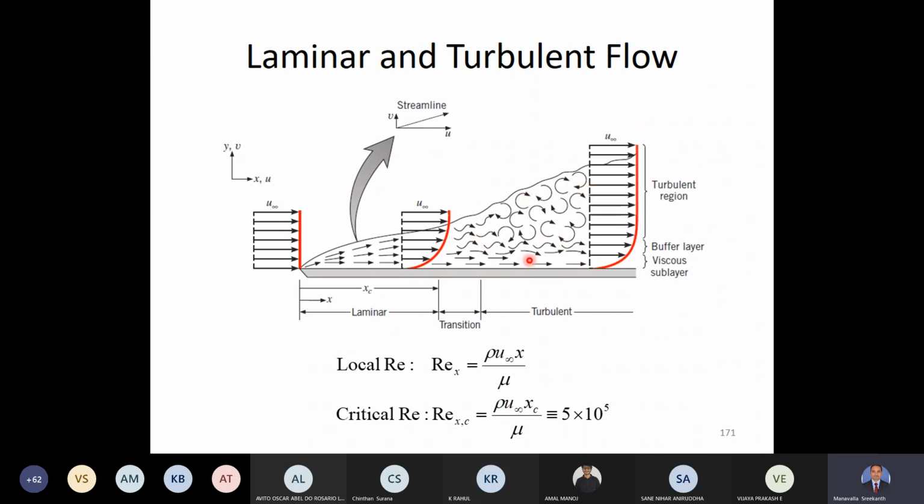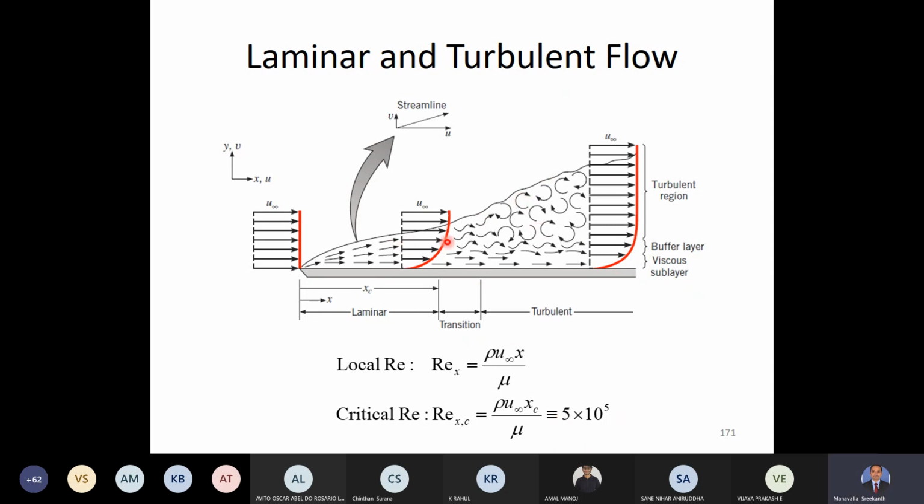You can see these arrows; they are quite random in orientation, whereas in this region, they are quite orderly. So whenever the flow is orderly, it is considered laminar, and on the other side, the flow is considered turbulent. In this region, the Reynolds number will be less than 5 multiplied by 10 power 5, and in this region, the Reynolds number will be greater than 5 multiplied by 10 power 5.